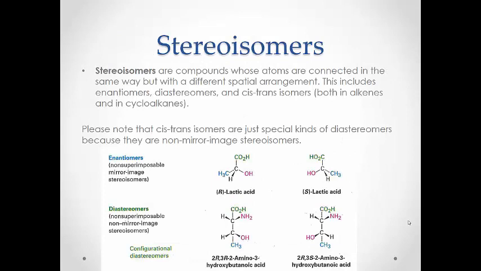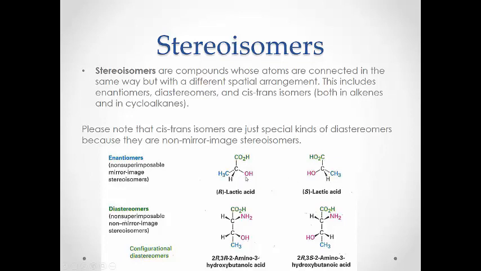If we look at stereoisomers, they're compounds whose atoms are connected in the same way, but they have a different 3D or spatial arrangement. These include your enantiomers, diastereomers, and your cis-trans isomers. And remember, your cis-trans isomers can occur in alkenes or cycloalkanes. It needs to be some kind of locked conformation. So what are enantiomers and what are diastereomers?